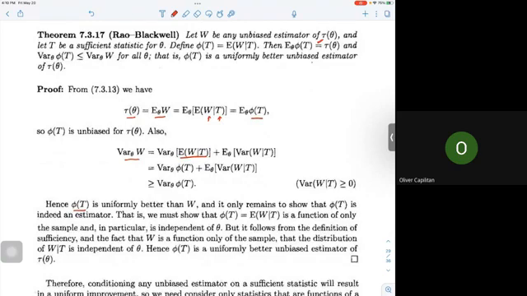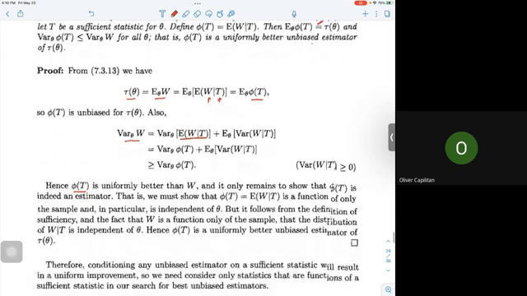So it remains to show that phi of T is indeed an estimator. We must show that phi of T, which is the conditional expectation of W given T, is a function of only the sample. It does not depend on our parameter because it's an estimator.